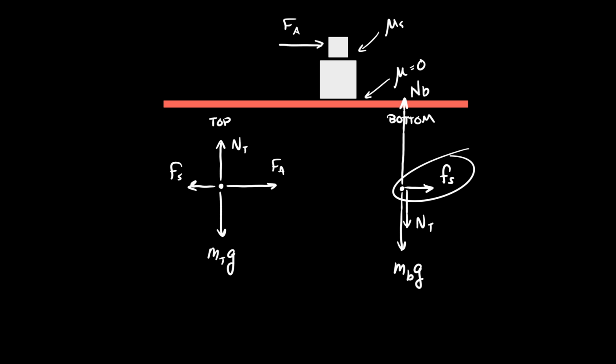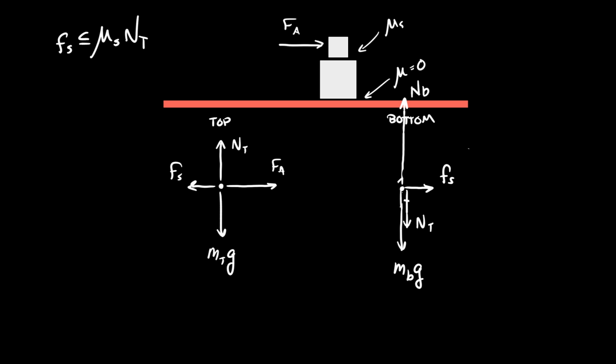Be careful, though. The static frictional force created here is based on the normal force that is on the top box. Those two forces are equal and opposite, but it's based on the normal force on the top box. You should square that away in your thinking.